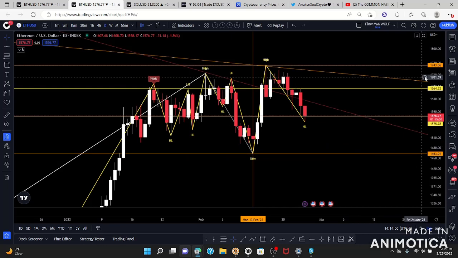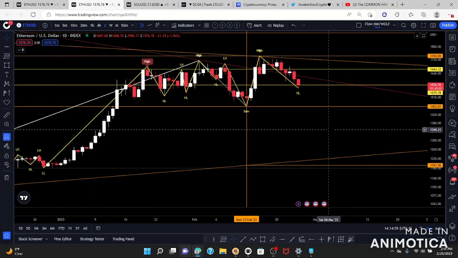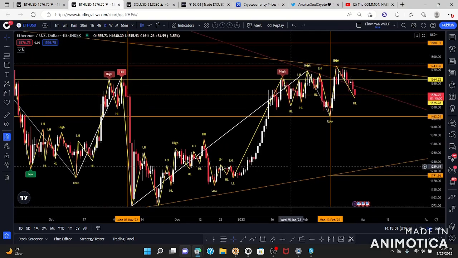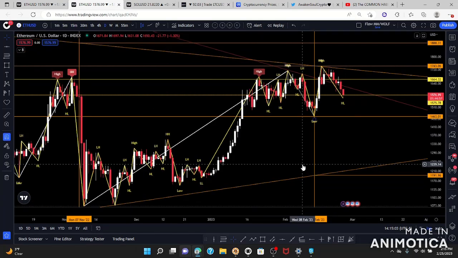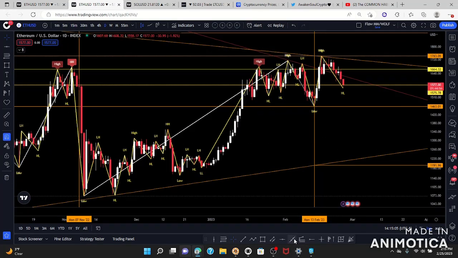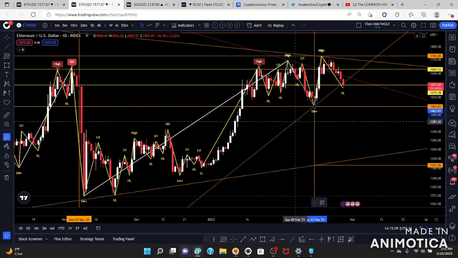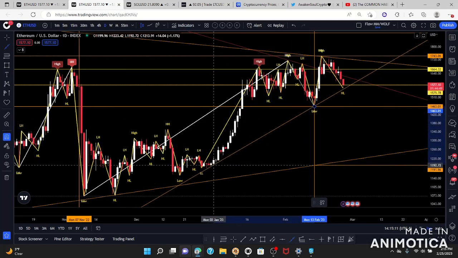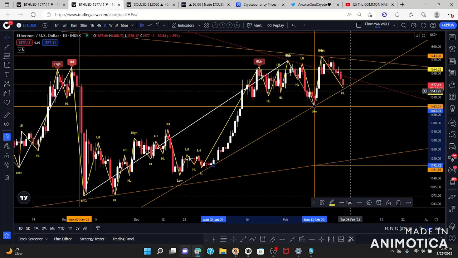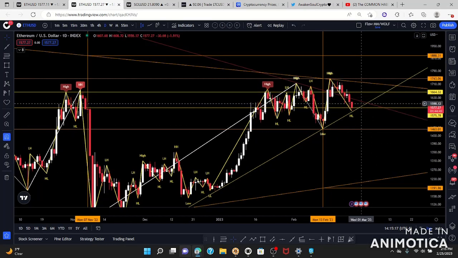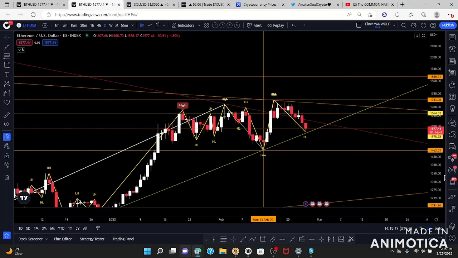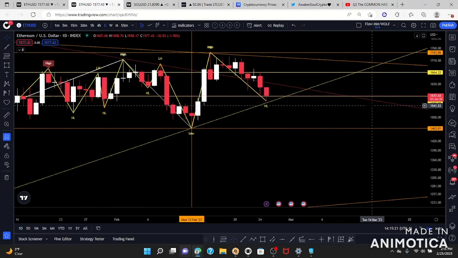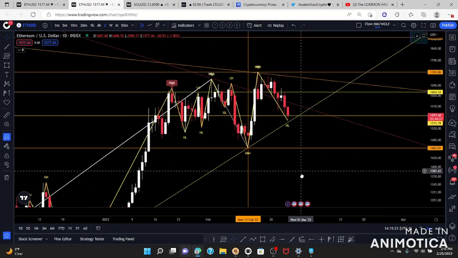But within this contraction phase, I'm going to draw some trend lines. I'm gonna go from this low. I want to use this one here. So this is a daily trend line, huge daily trend line that it looks like we're bouncing off of, or we're getting pretty close to that daily trend line.